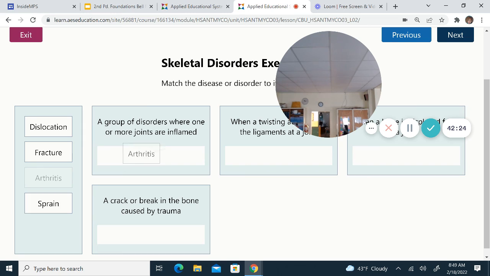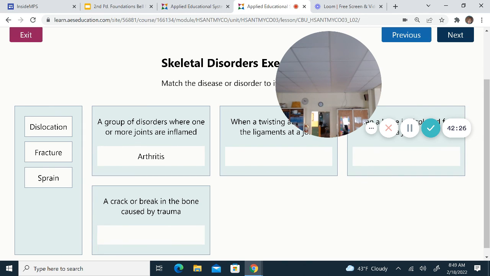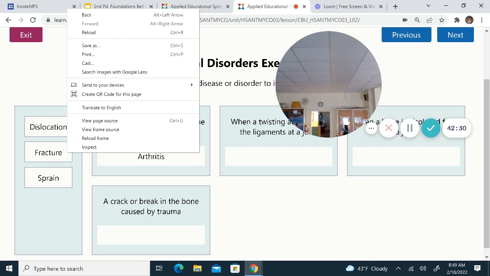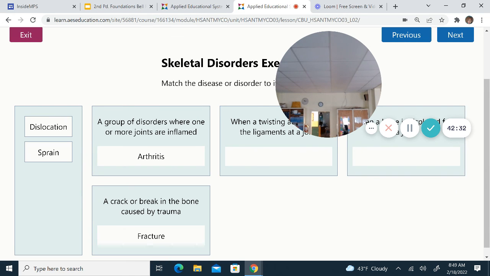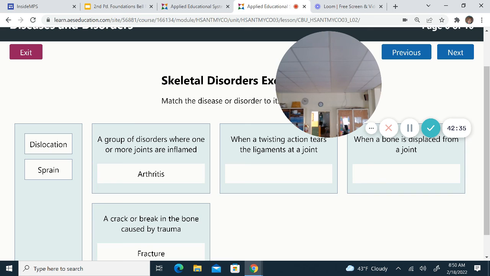All right, a group of disorders where one or more joints are inflamed. That's arthritis. A crack or break in the bone caused by trauma. That's a fracture. A twisting action tears the ligaments at a joint. Right. And then dislocation of bone.